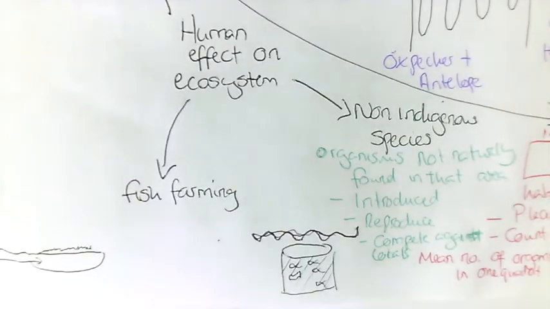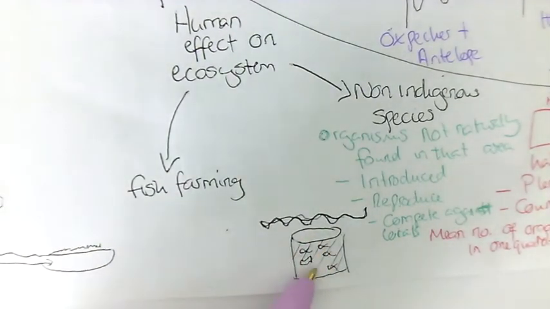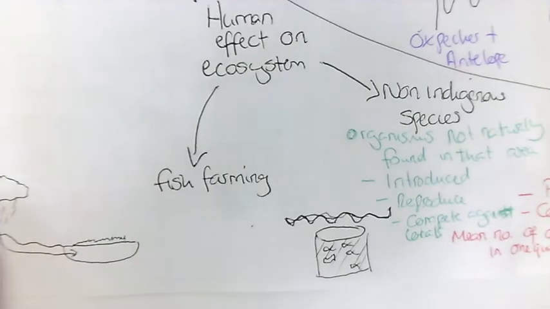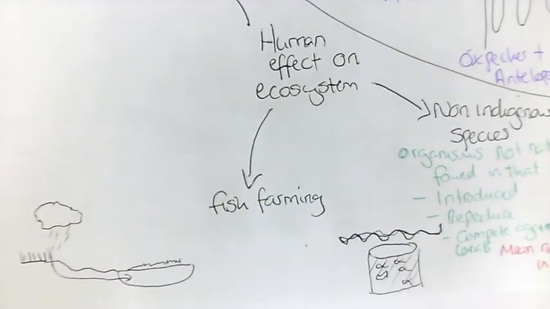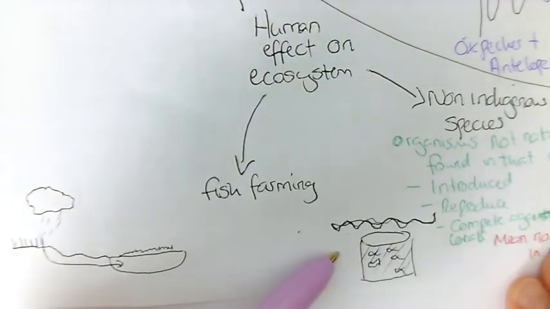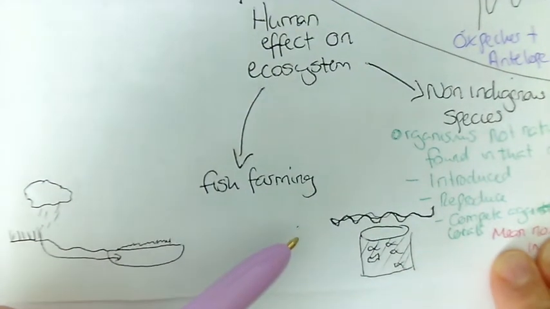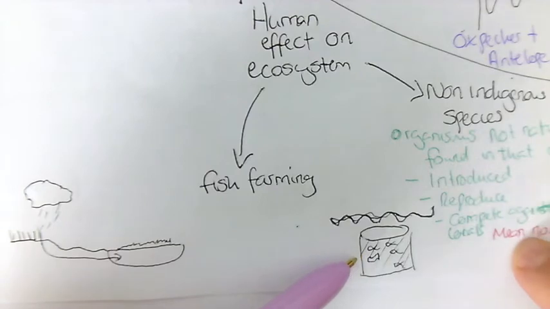Another human effect on the ecosystem is fish farming, and this is where fish are kept in big tanks like this for reproduction and then going on to sell for food. And so this is one type of fish all kept in one tank, and that has problems because it can produce a lot of waste, which then can create pollution and changes to the local conditions.